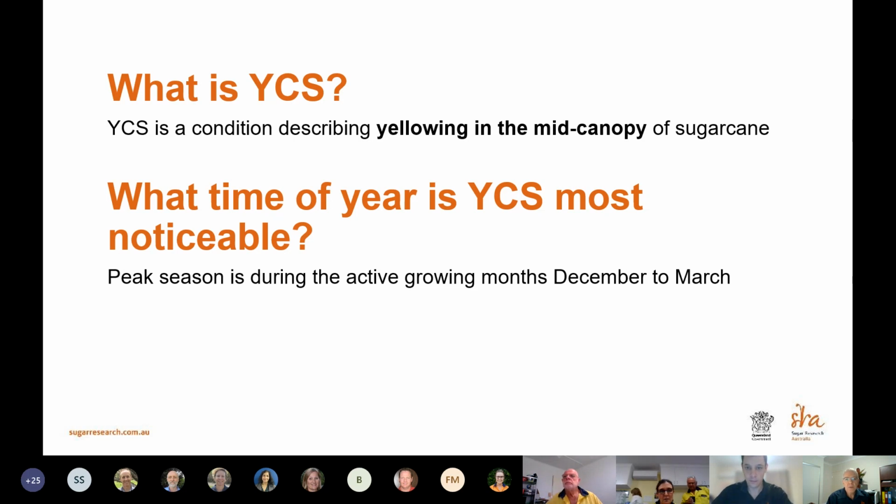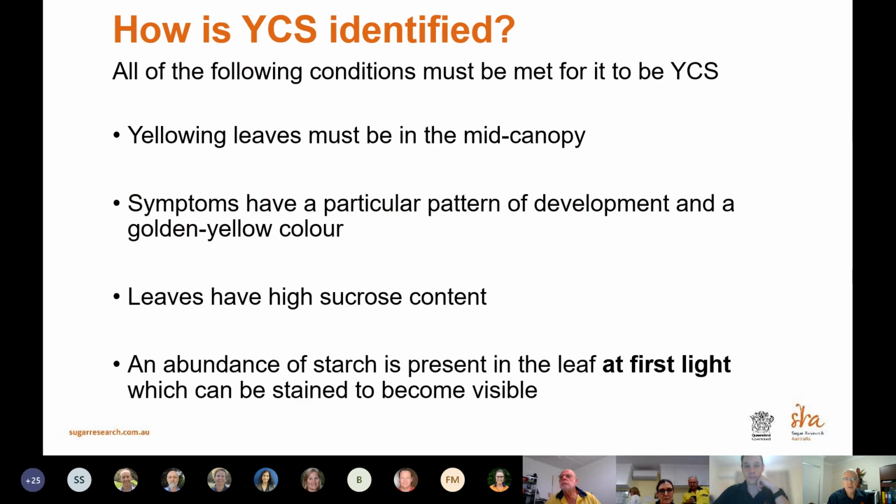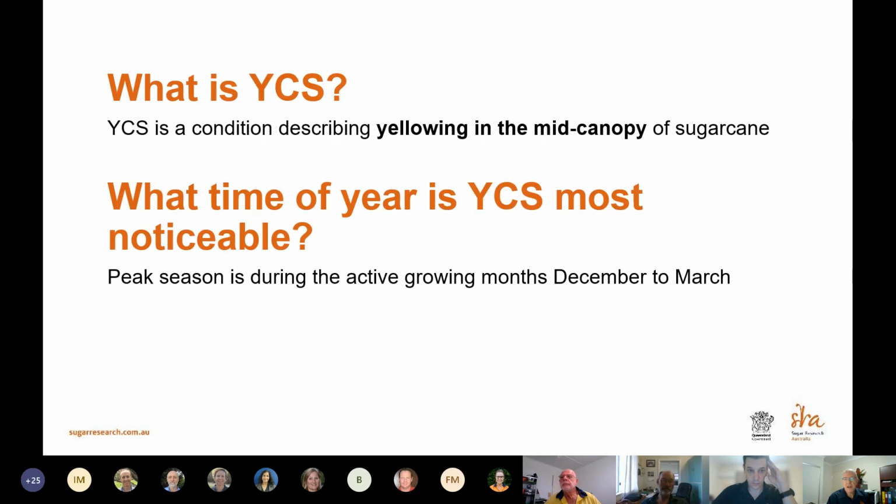YCS is a condition describing yellowing in the mid-canopy of sugarcane, and that's what makes it quite different. You don't see this yellowing in the very young leaves above, and you don't see this type of yellowing in the older leaves below the mid-canopy, and I'll come to that in a little while.